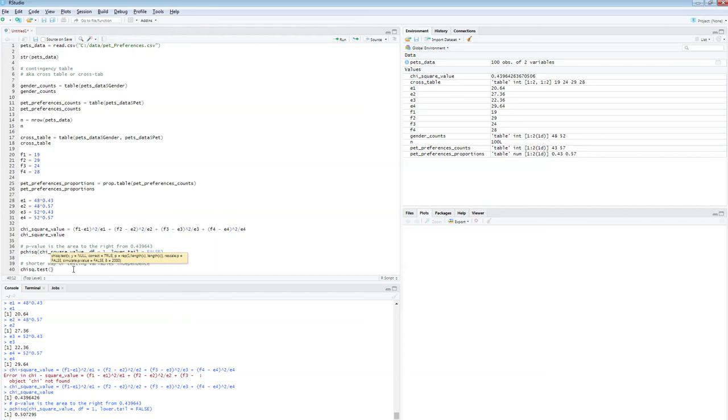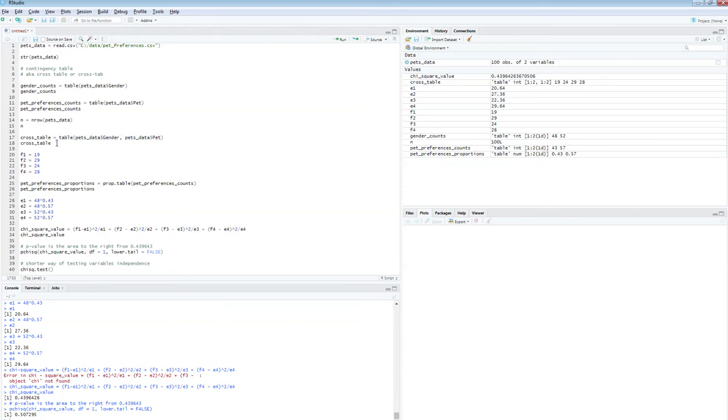The only difference is that I have to feed the function the cross tab. Over here, if you remember, this line 17 in my code, I created a cross table, right? So I tabulated two variables simultaneously together, gender and pets.